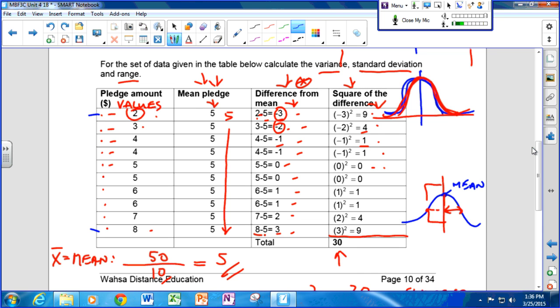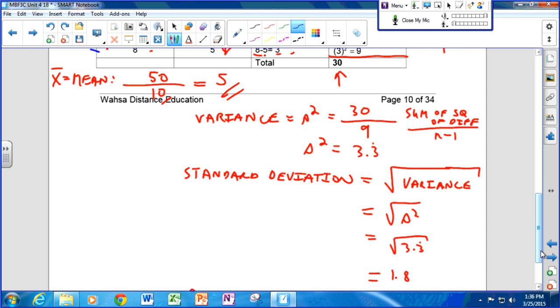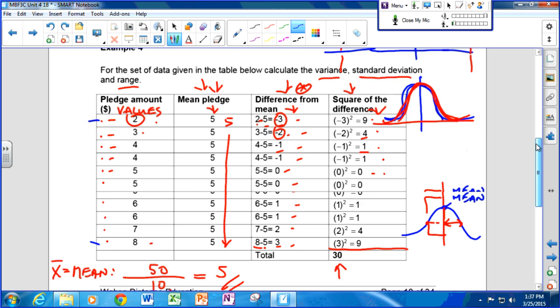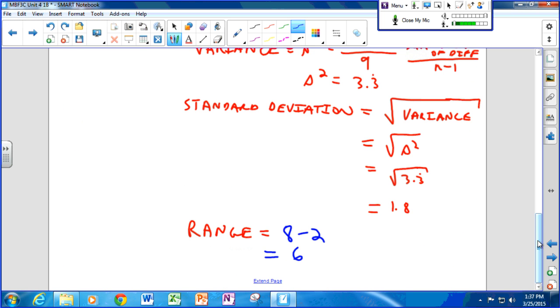So it's 8 minus 2 equals 6. And none of these numbers have units because they're unitless. They just don't have units.